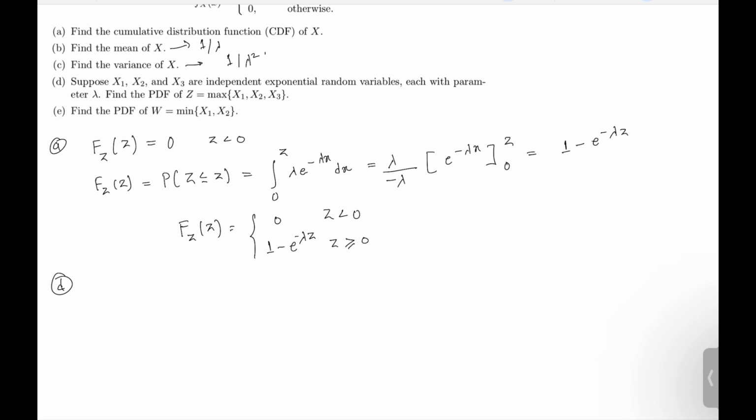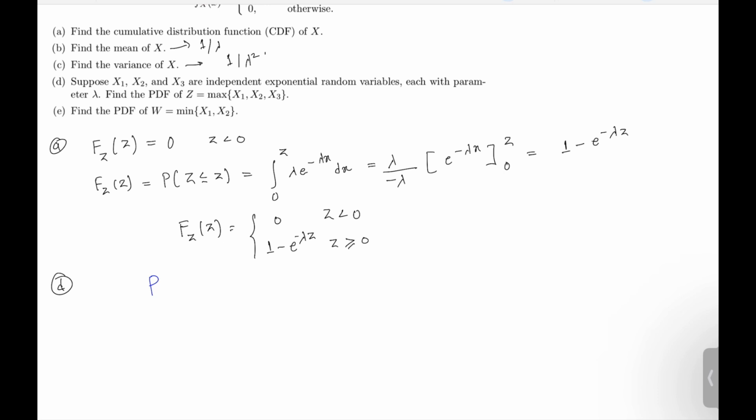And we just need to find the PDF of this random variable, right? So if we have to find the PDF, we can simply find the CDF first of all. Once we have the CDF, we can simply differentiate the CDF and we will have the PDF, right?